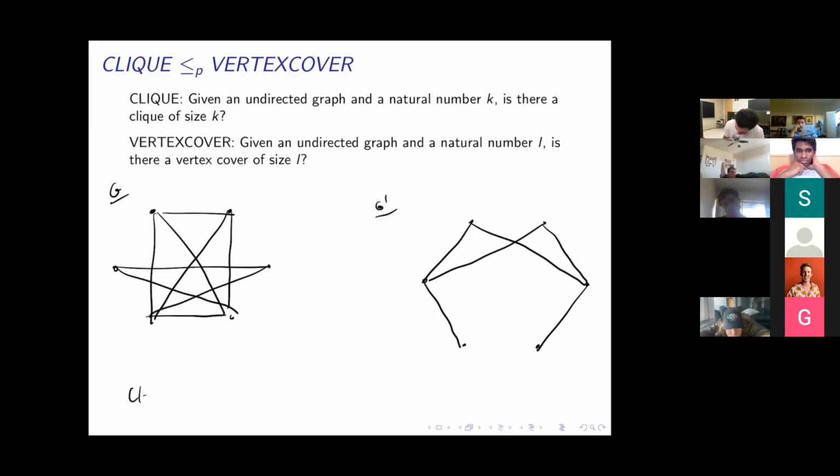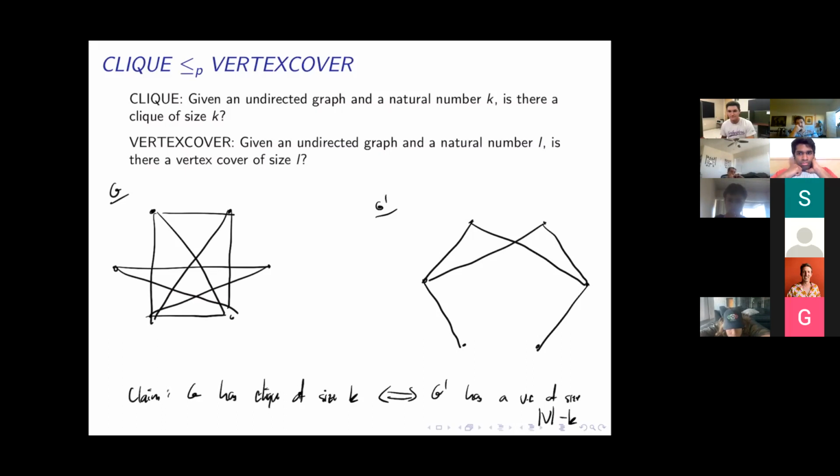So claim: G has a clique of size K if and only if G prime has a vertex cover of size the number of vertices minus K. And this is going to be our L. So in this case, the vertex cover is going to be of size 2. And again, it's not super hard to see that those 2 vertices form a vertex cover.